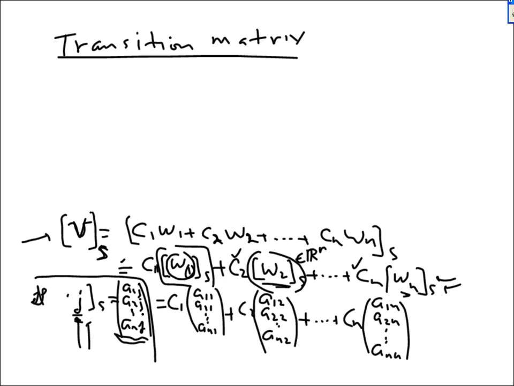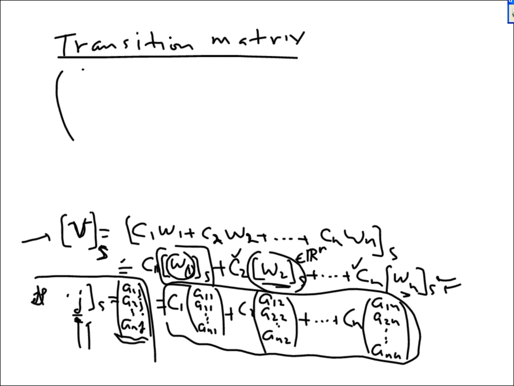The very last line, all of this mess, is just the matrix A1. So the first column of the matrix will be those vectors, A11, A21, down to AN1.